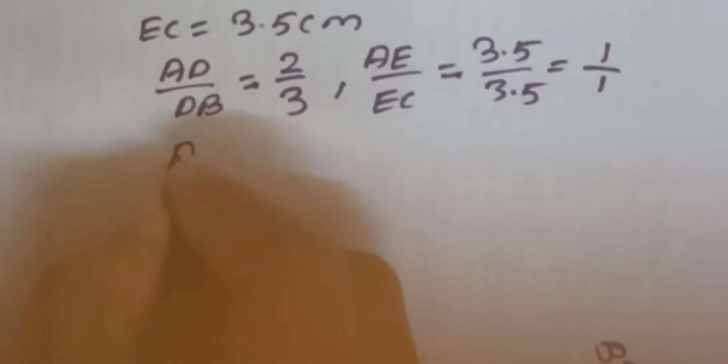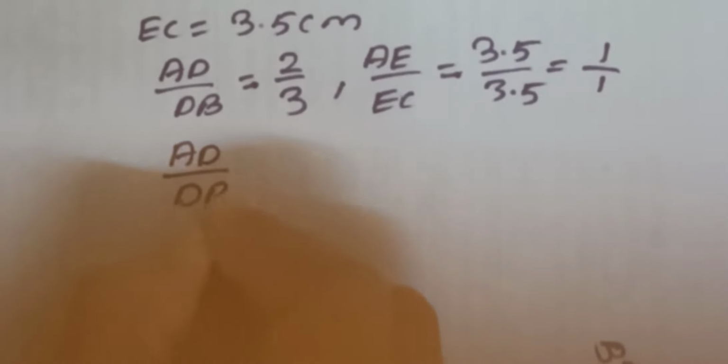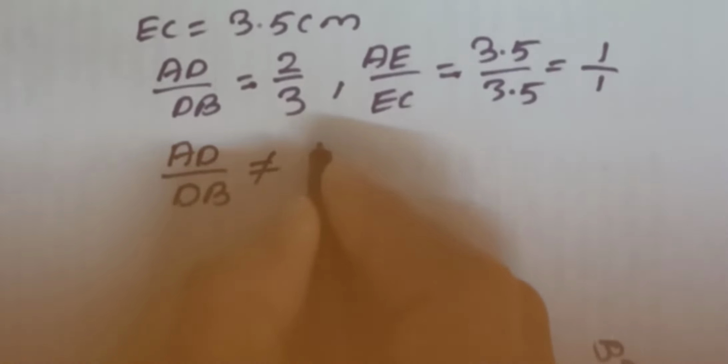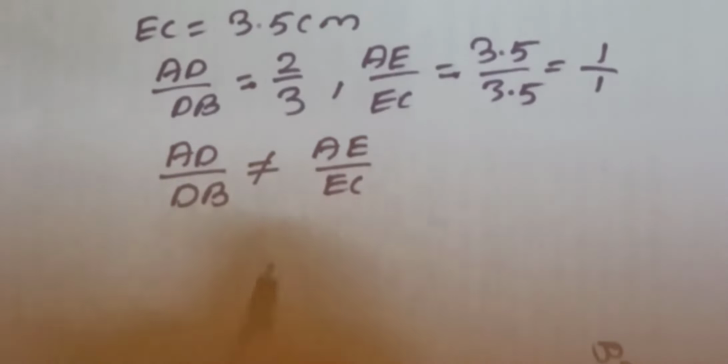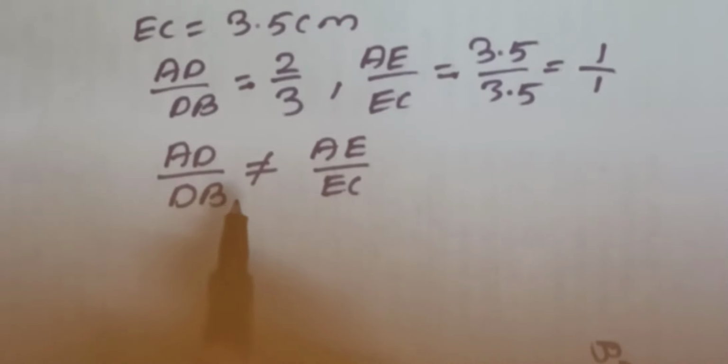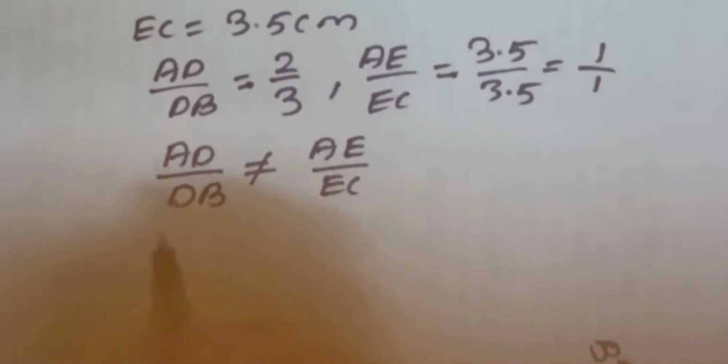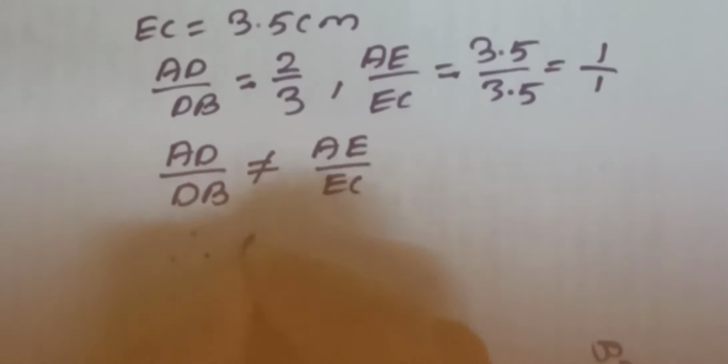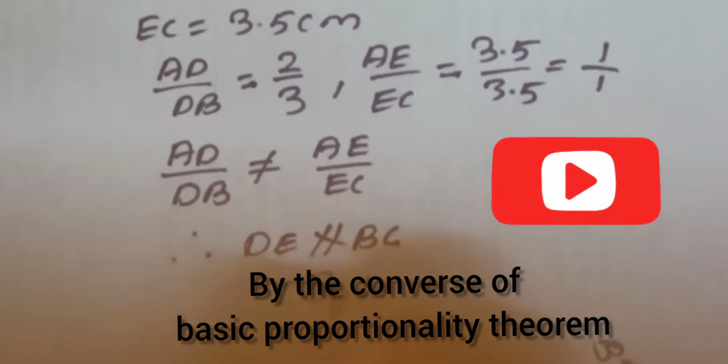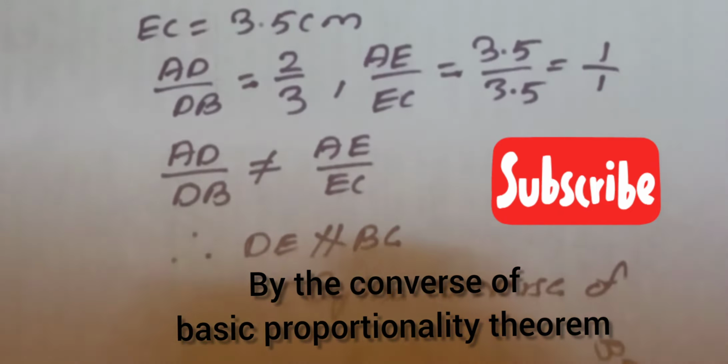Now this shows AD by DB is not equal to AE by EC. So by the converse of basic proportionality theorem, we can say DE is not parallel to BC.